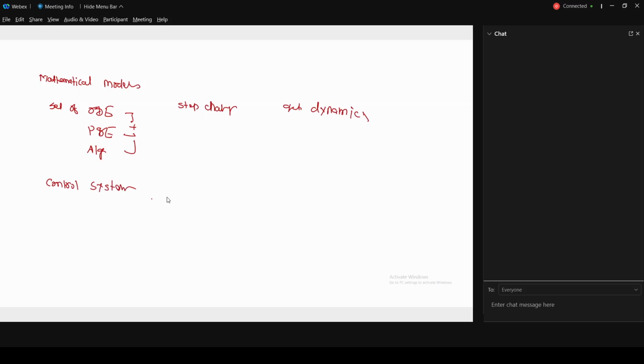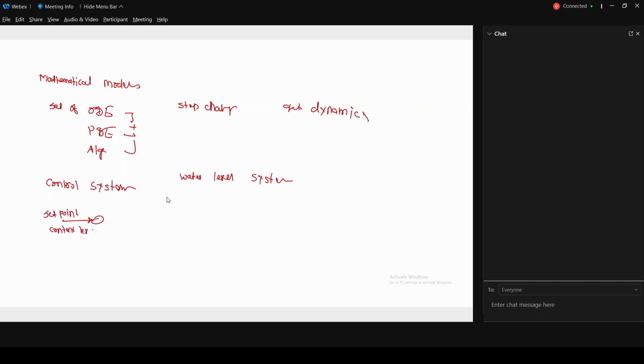So let me portray a diagram for the control system so that you can understand. In a simple example, I'm again taking a water level system. I have here a set point, which is basically what should be my content level.